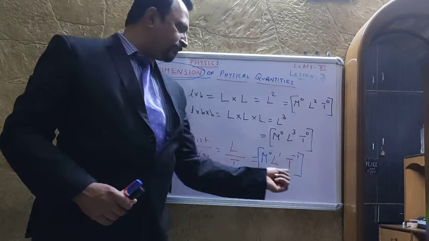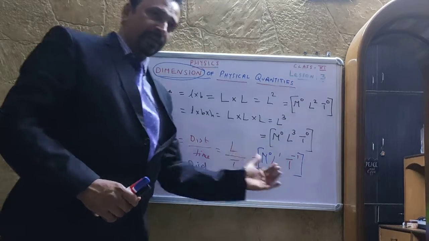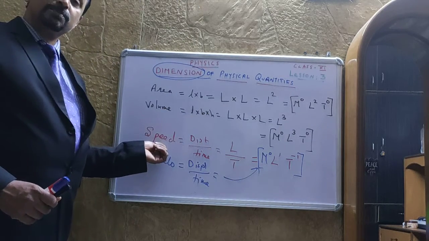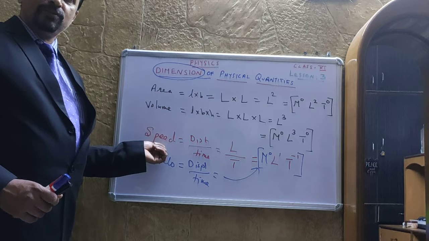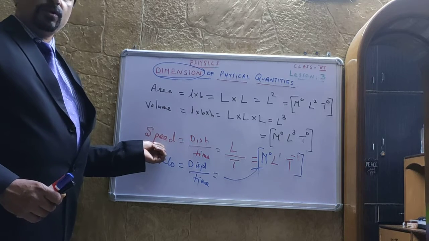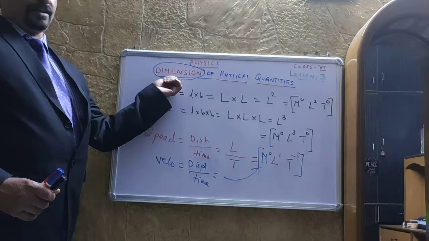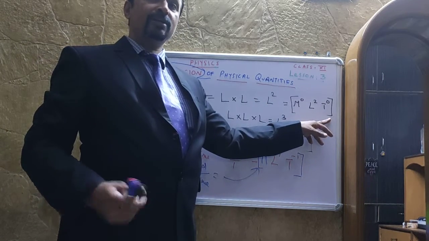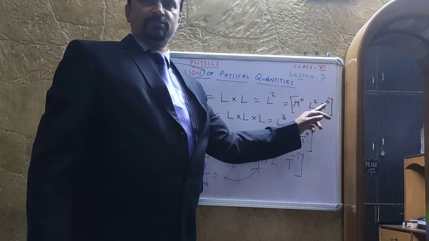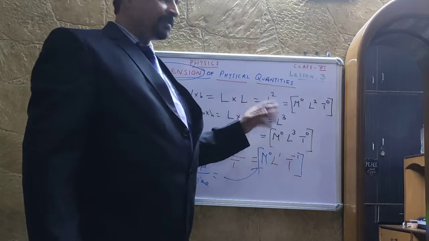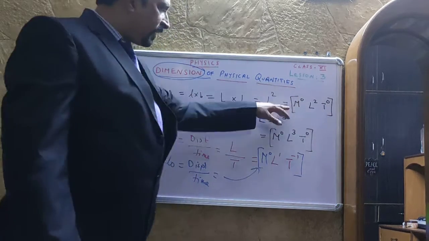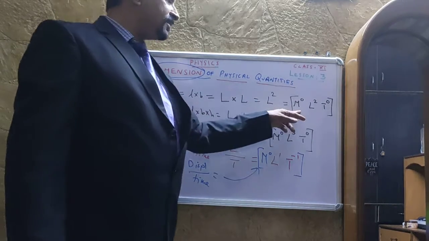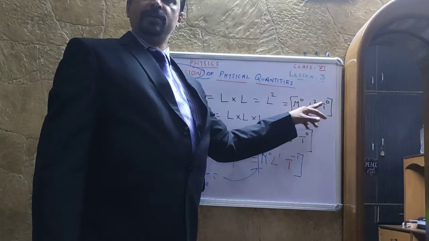So the powers of the fundamental quantities when a derived quantity is expressed in terms of fundamental quantities, that is called dimension. And this is called the dimensional formula. When you are writing the dimensional formula, use this type of brackets. So you will read it as: dimensional formula for area is equal to M0 L square T0. Thank you.